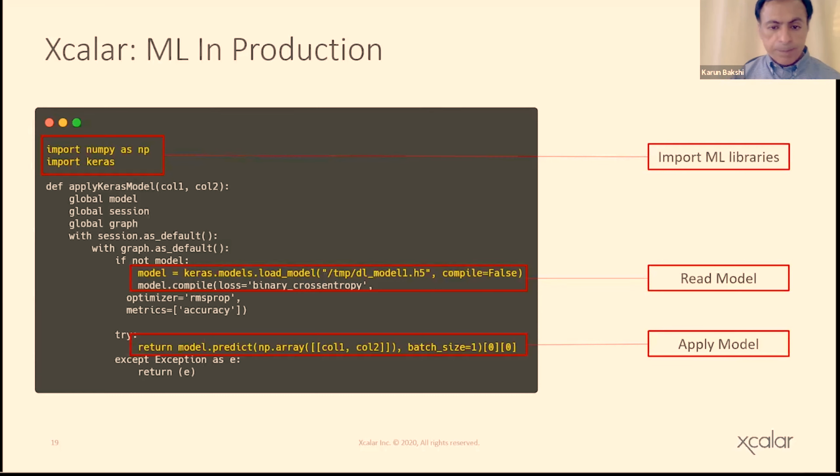What you're seeing here is a normal scalar function, the one that we talked about a few slides ago, but in this case, we're using it to basically be mapped across all the rows in the data set, but to apply an ML model. So all it takes is essentially at the very top, importing the right library. So in this case, we're importing NumPy or Keras, and of course you can import any of the open source machine learning libraries or any of your code, then reading in the model, and then applying the model, as you see in the third line that's highlighted.